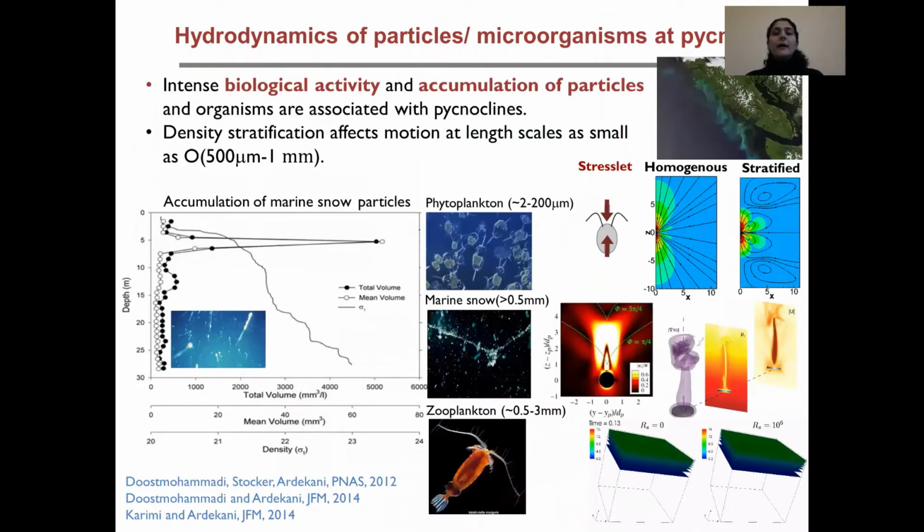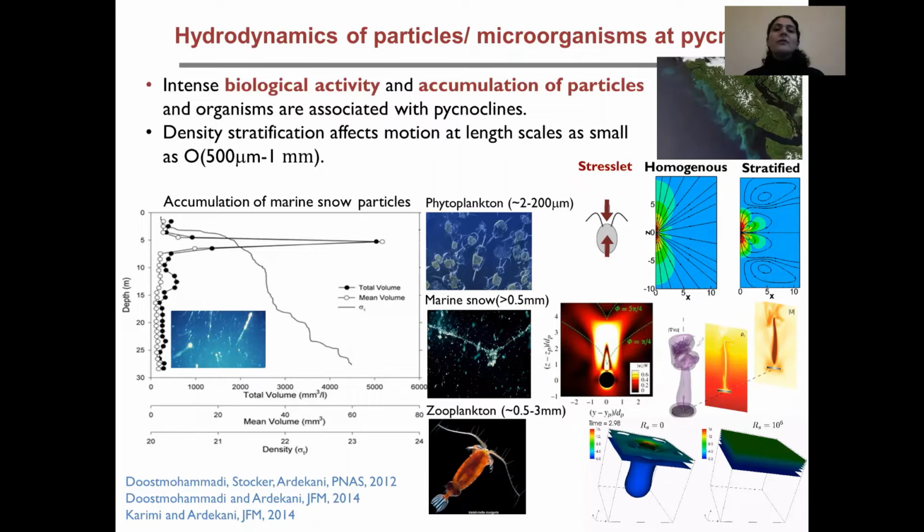We also look at these microorganisms and particles in density stratification that often occurs in oceans and lakes. Density stratification happens more often because of climate change and leads to formation of plankton bloom. These plankton, phytoplankton, can be very important in terms of carbon cycle in the ocean because they consume CO2, and when they die, they sink to the bottom of the ocean.